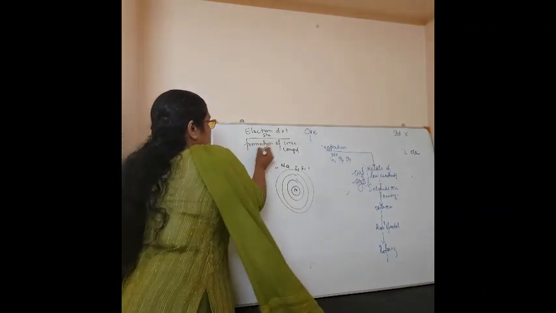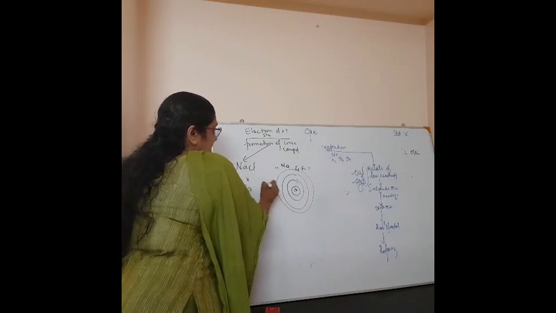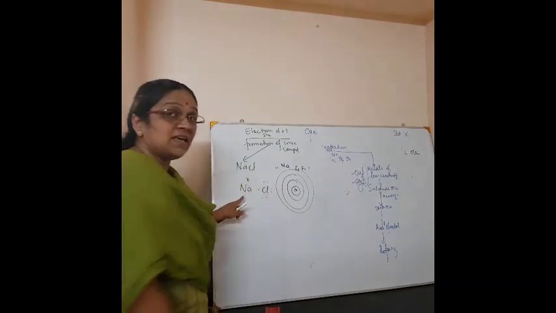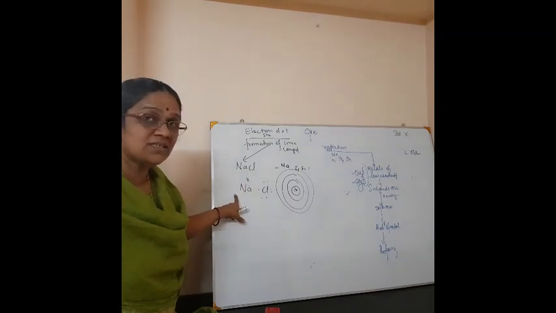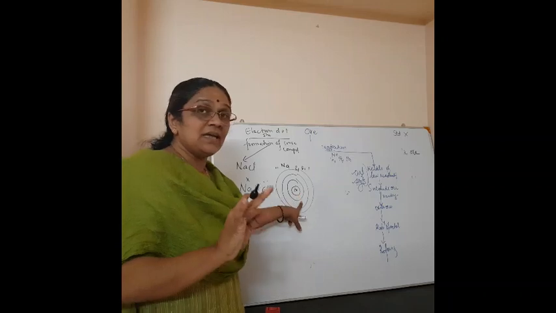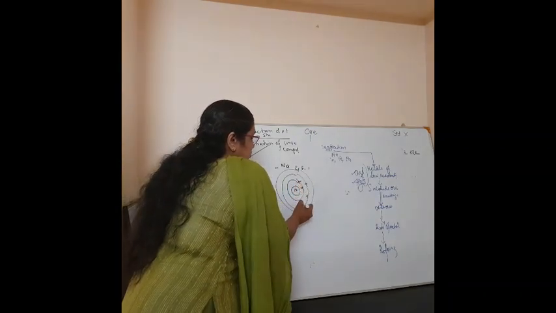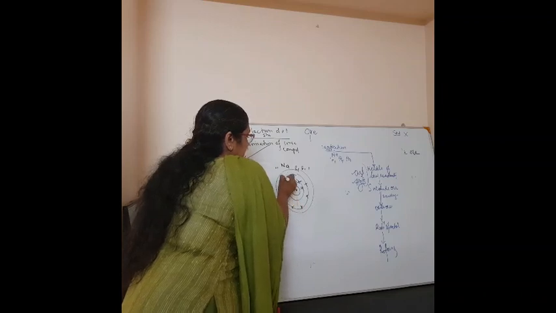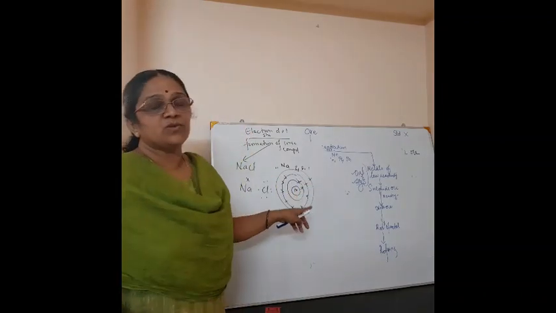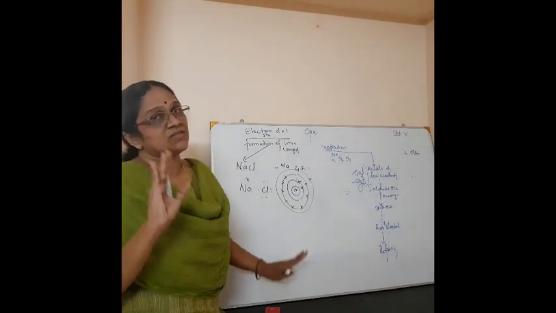For example, in the formation of the ionic compound NaCl, you draw Na and Cl with dots. See, this is the dot. So this is the electron dot structure, and this is the electronic structure. Electronic means first shell 2, second shell 8, last shell 1. So make it clear.